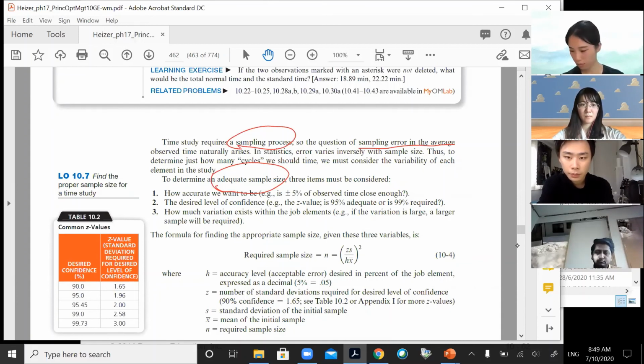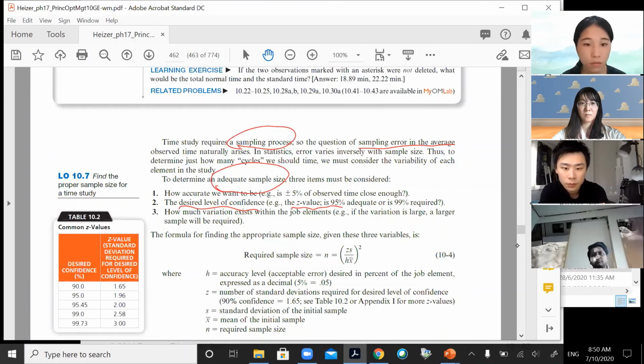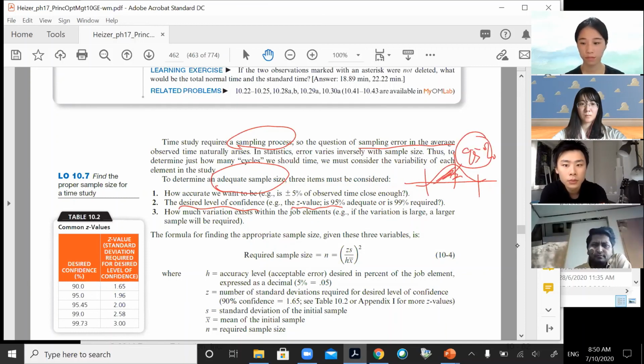So this comes from our level of confidence. For example, the Z value for 95% confidence comes from our normal distribution. You must have seen the normal distribution before, right?